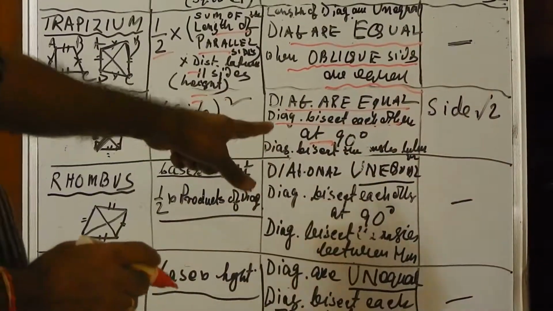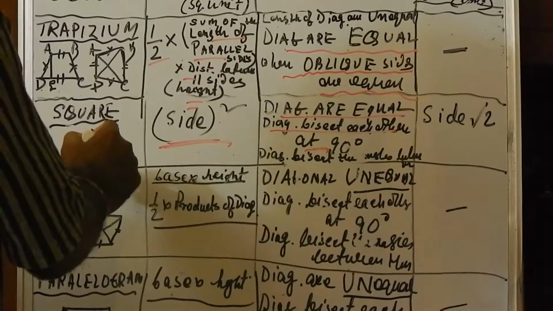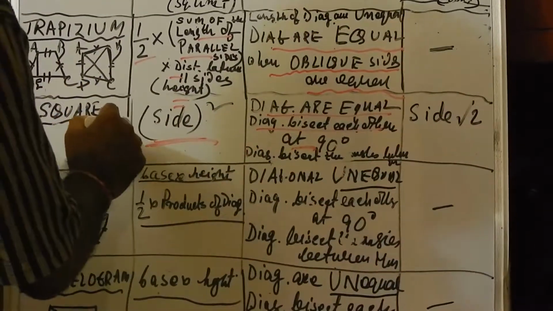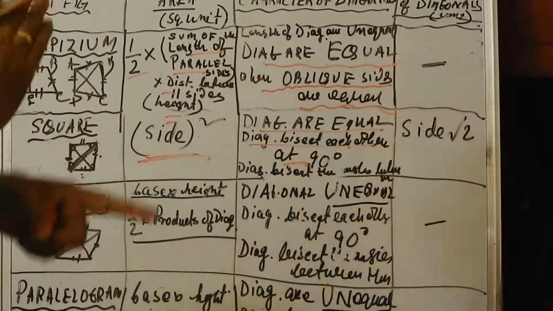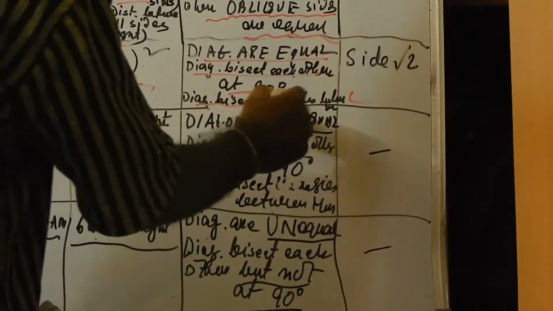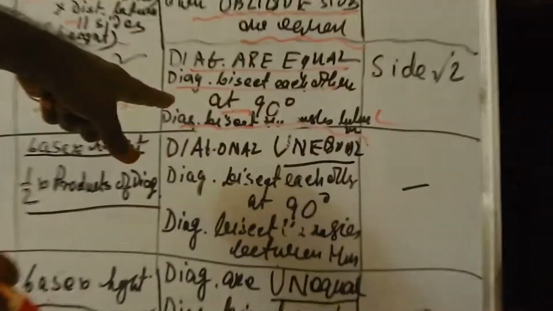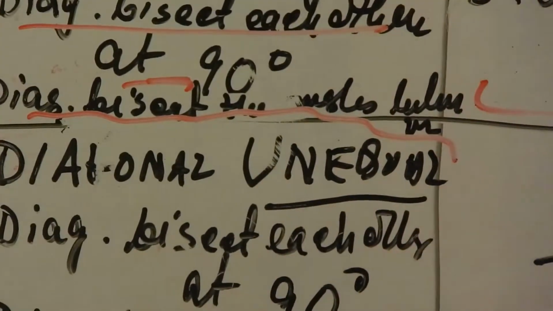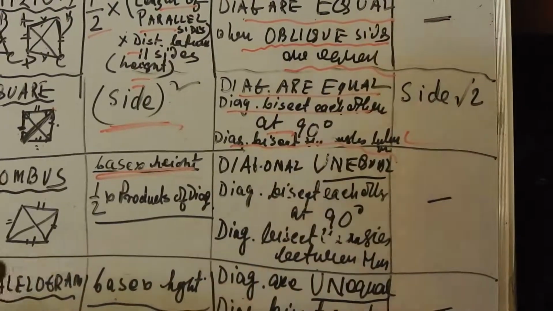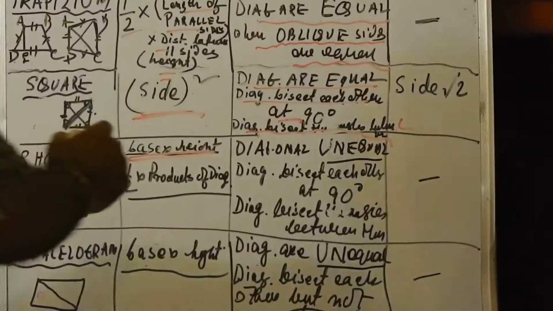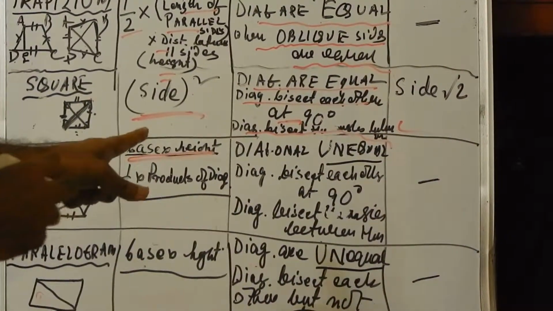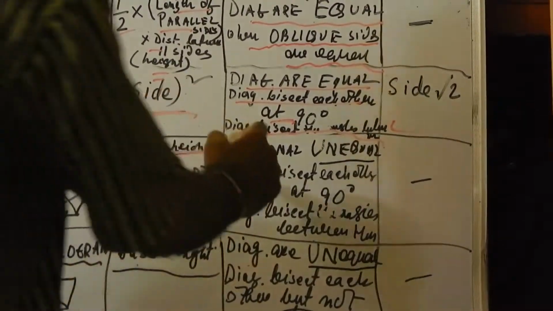And here is another interesting case, the diagonals bisect the angles from which they originate. That is the interesting characteristic of the diagonals of a square. And for a rhombus, the area formula is base into height, and when the diagonals are given, half into product of the diagonals, not square of the diagonal, because the diagonals are unequal.